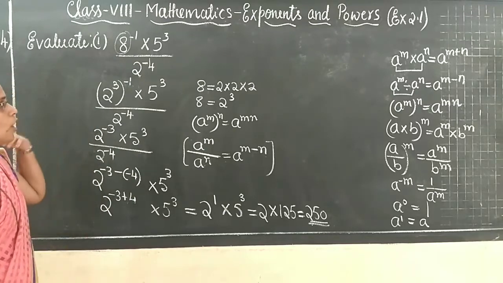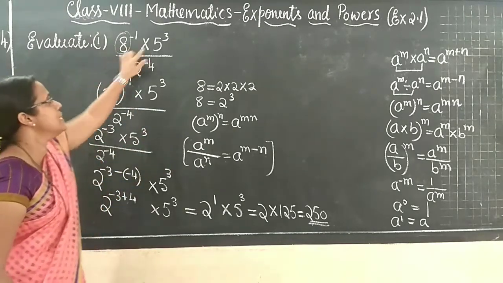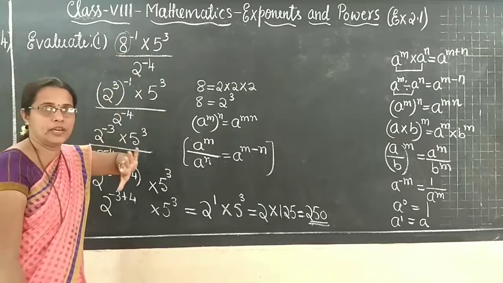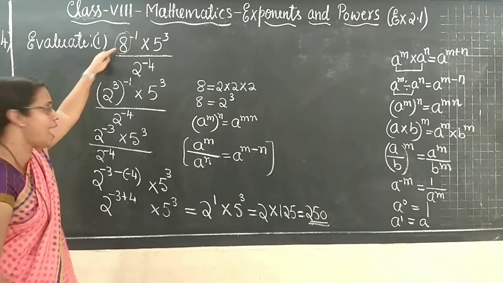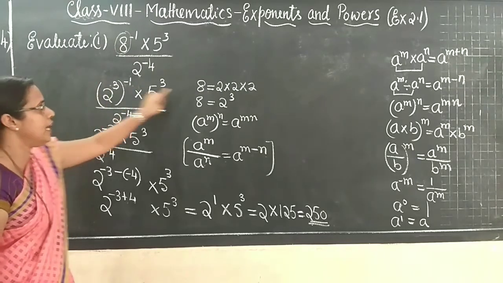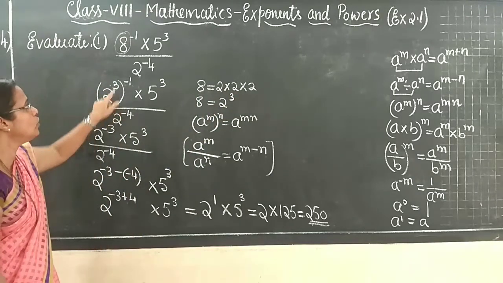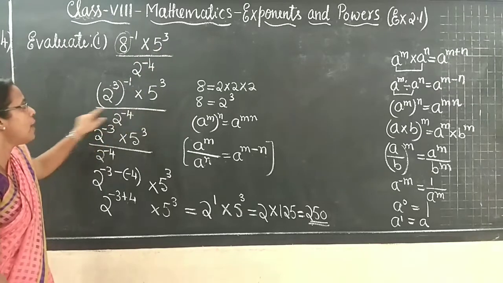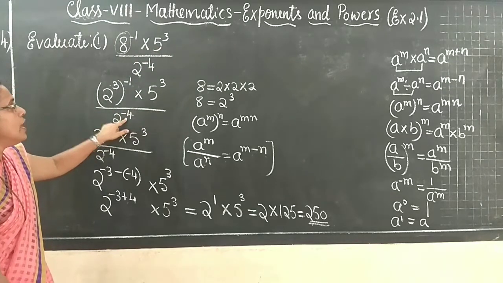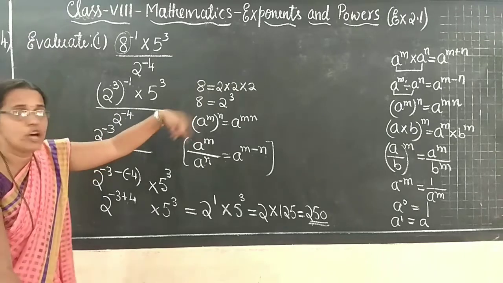See, children, how many methods are involved? Here, no bases are the same and no powers are the same. In that case, see here, 8 can also be written as 2 to the power 3, whole to the power minus 1, into 5 to the power 3 by 2 to the power minus 4. Now this 2 and this 2 came the same, so any of the laws we can use.